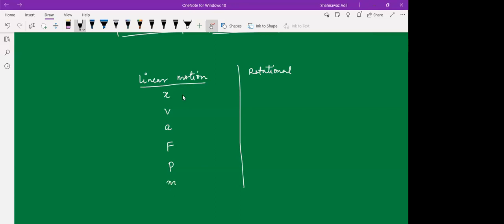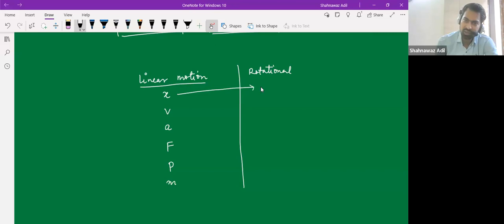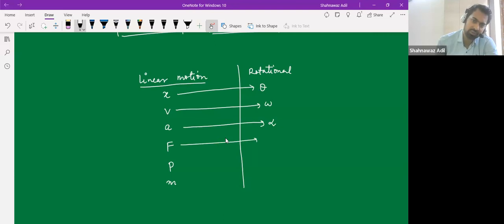In rotational motion, this x is changed to theta: angular distance, angular velocity, angular acceleration, and the rotational analog of force, that is the torque. The rotational analog of momentum is angular momentum, and the rotational analog of mass is inertia.